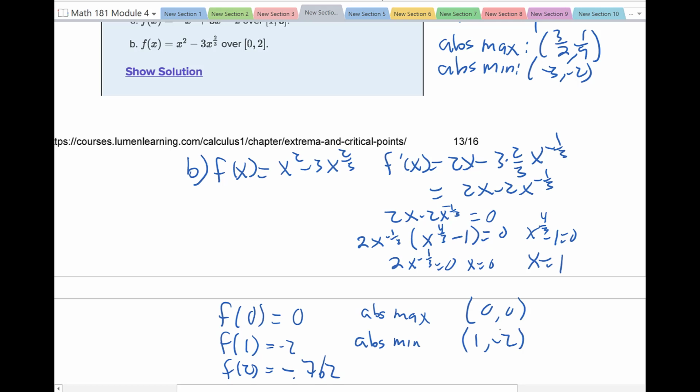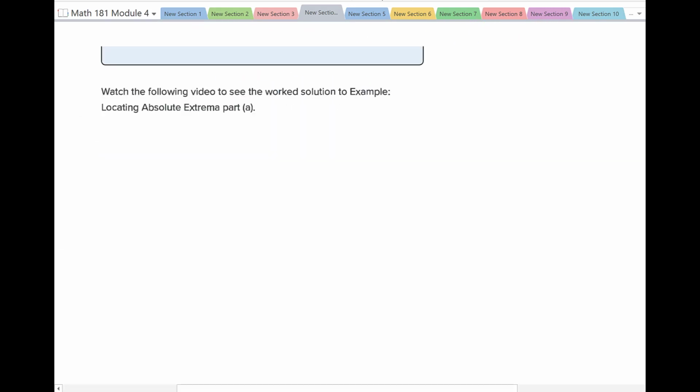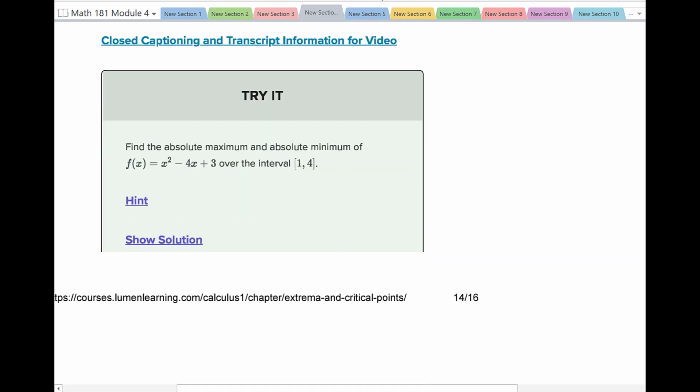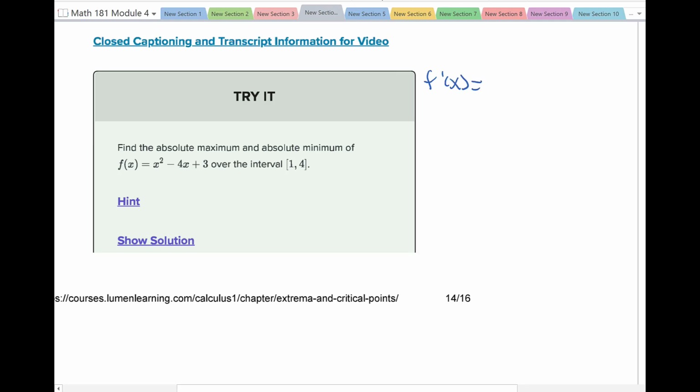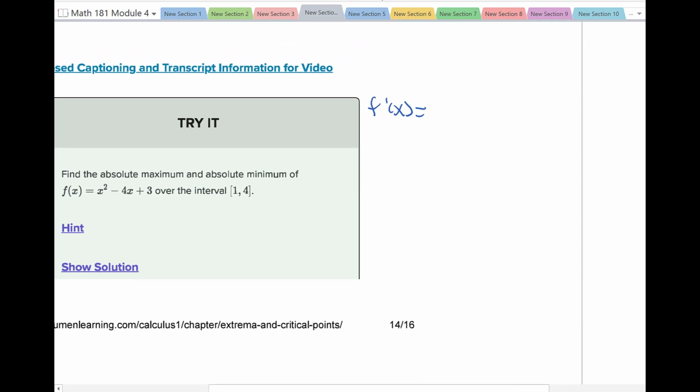Okay. Let's go on. Do a couple more of these. Find the absolute max and absolute minimum. So same type of thing. Our f prime of x is going to be 2x minus 4. So 2x minus 4 equals 0 means 2x equals 4 and x equals 2.